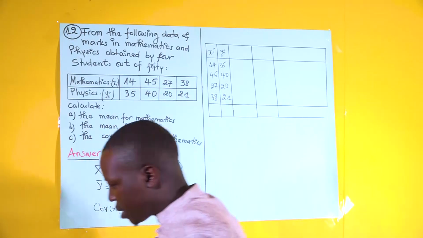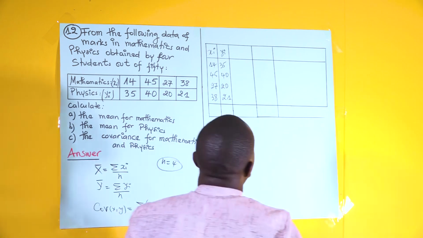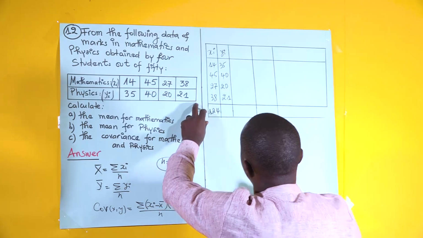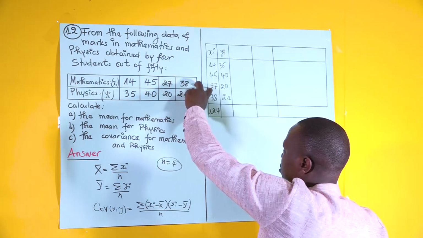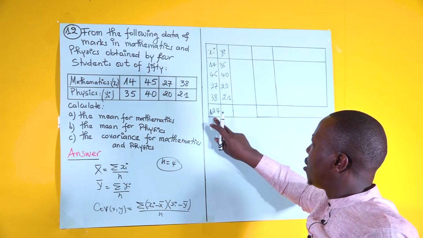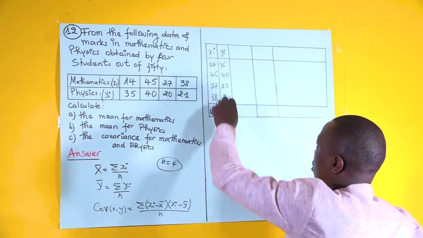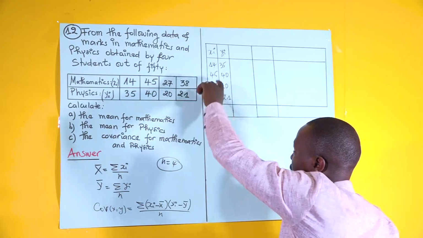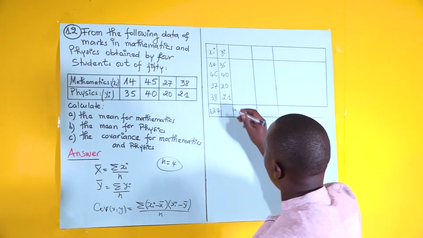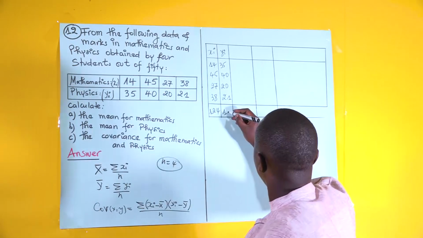When you add these numbers, 14 plus 45 plus 27 plus 38, the summation gives us 124. Also when you add 35, 40, 20, and 21, we get 116.